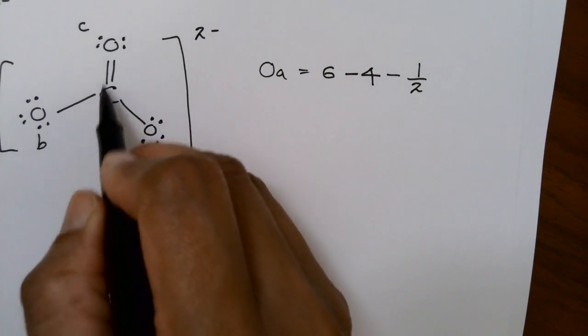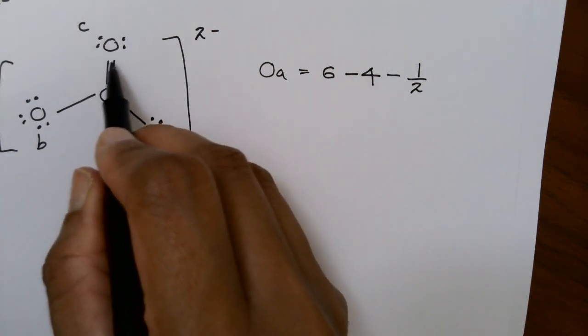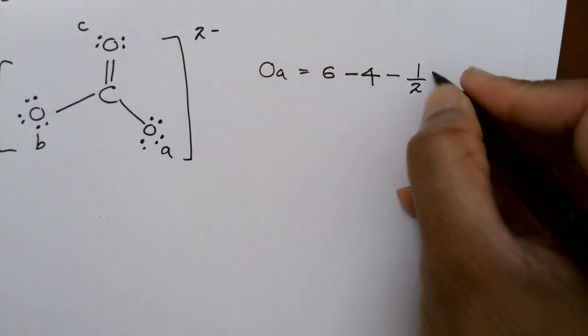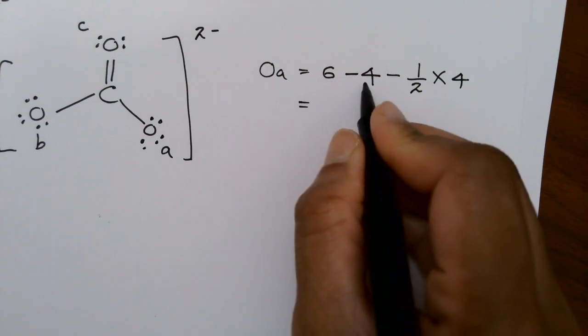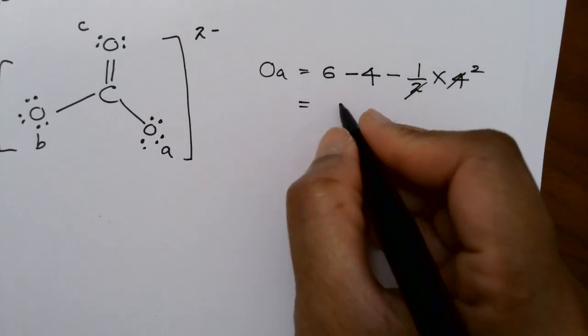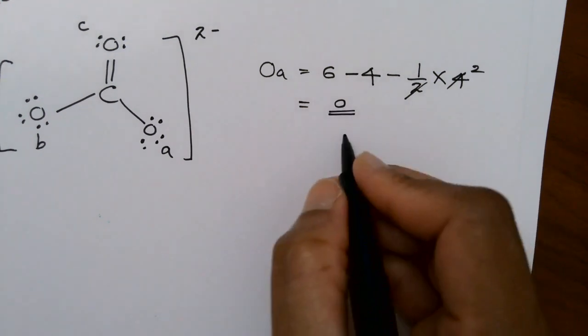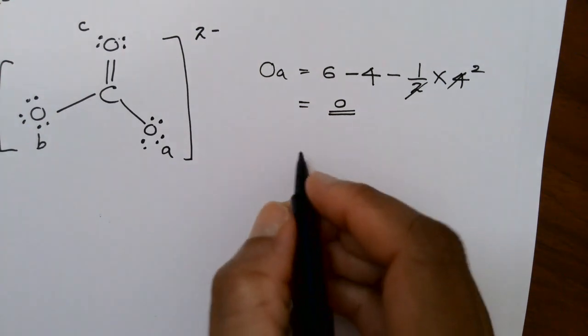This is a double bond. So a double bond contains 4 electrons. One line means 2 electrons. There are 2 lines, 4 electrons. So half times 4, which is 2. Then 6 minus 4 is 2, and 2 minus 2 is 0. 0 formal charge on this double bonded oxygen.